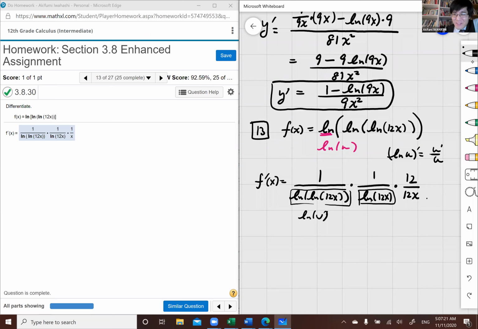So in the first part, you are actually using this part as u, okay? And I'm using the derivative of ln u as 1 over u times the derivative of u. So this part is u, this is 1, and this part is u dash.